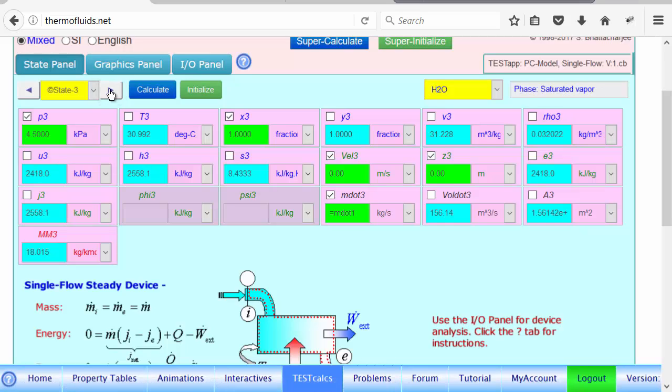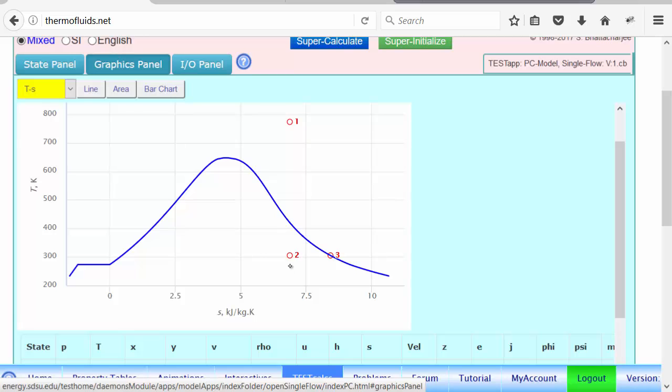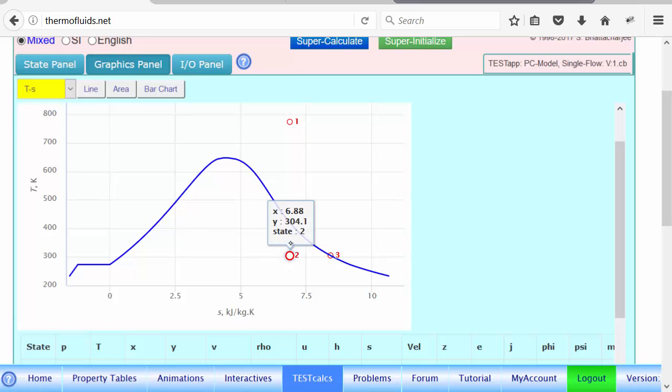Notice that at state 2 and state 3, the quality, the state, can be very different. If you go to the graphics panel, look, this is the isentropic exit. The only condition is the pressure is the same as 3, but temperature or quality or the state is not the same as 3. So even though it's an ideal turbine, the exit condition is different for this ideal turbine.